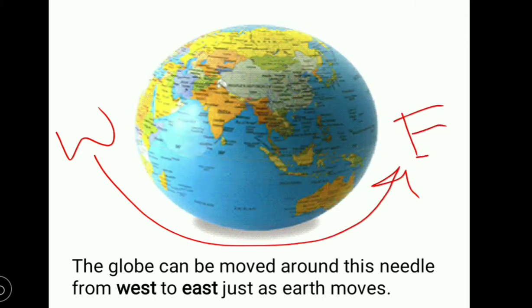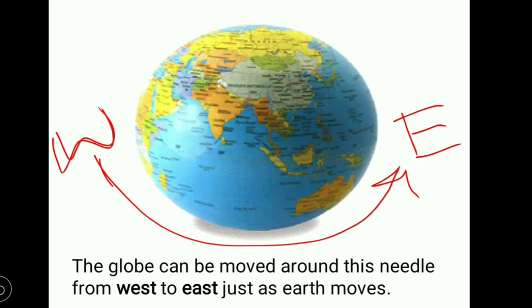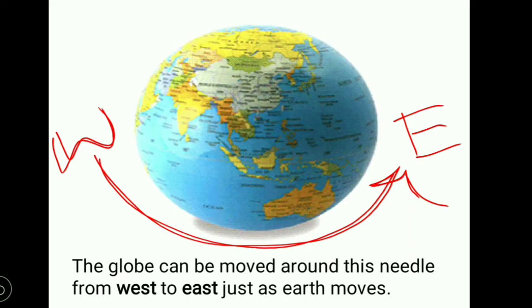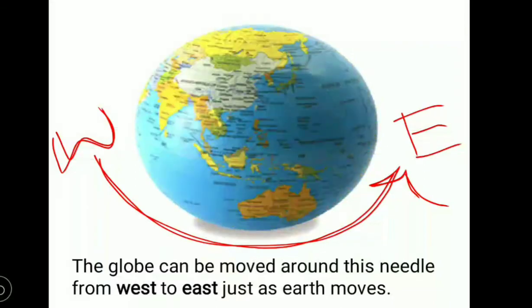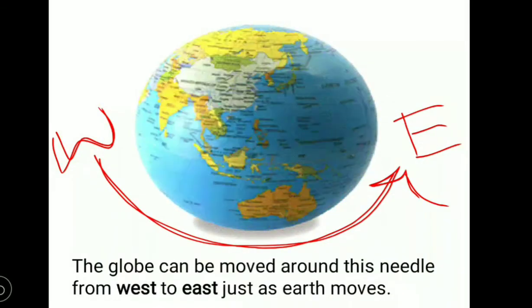So always our earth rotates on its own axis from the western direction to the eastern direction. It's the movement of the earth. So our globe also, we can move from the west to the eastern side.